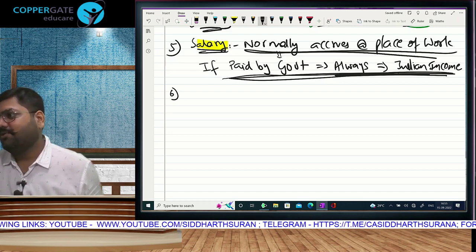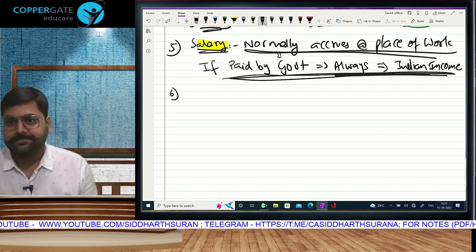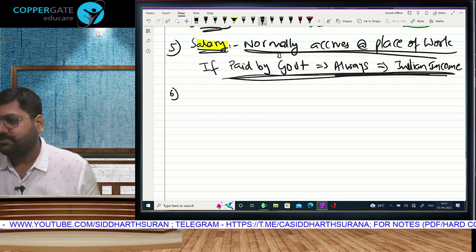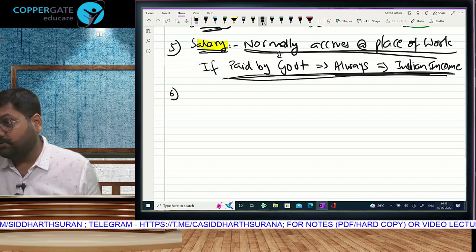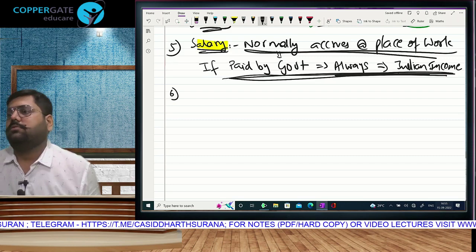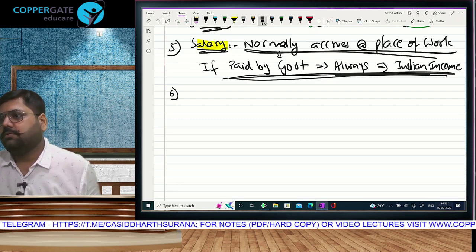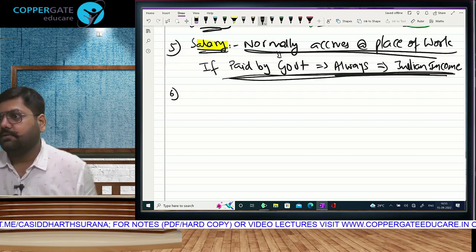Understood? Logic. Okay. So all allowances and perquisites, are they taxable if government pays its employees in India? Is that amount taxable? Yes, because this exemption was only for government employees outside India.